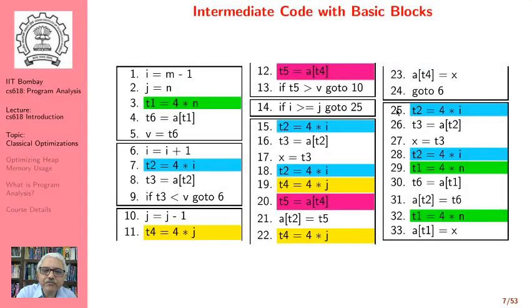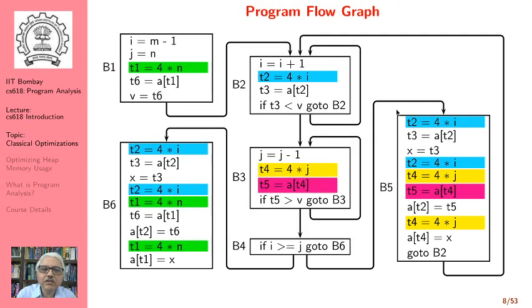With this piece of information, now we construct what is called a control flow graph or a program flow graph, and in this every node represents a basic block that involves strictly sequential flow of control, and the edges between the nodes represent control transfer between the basic blocks.